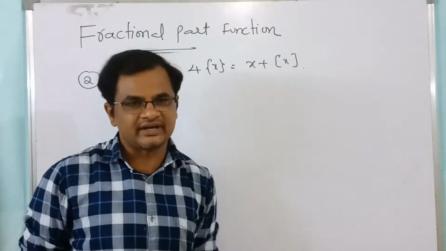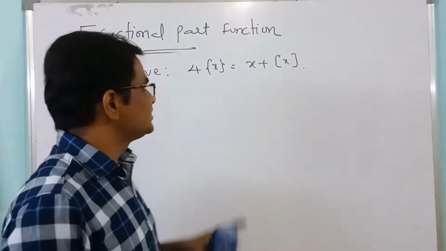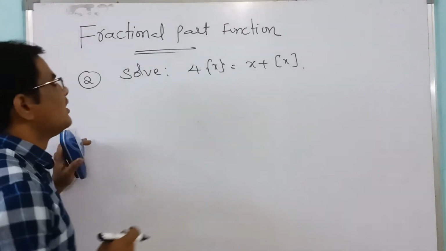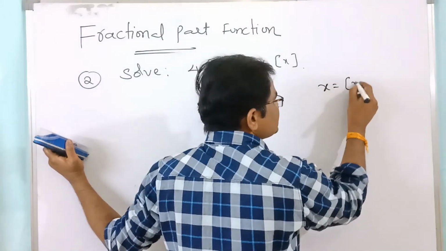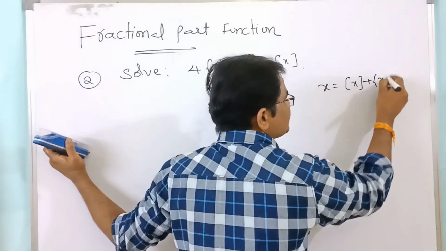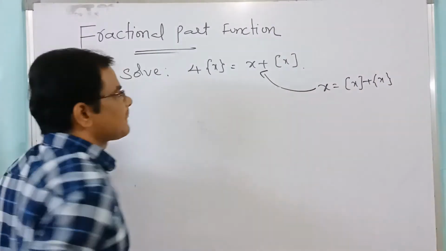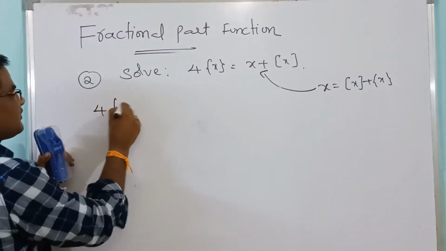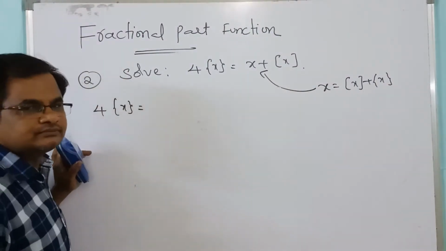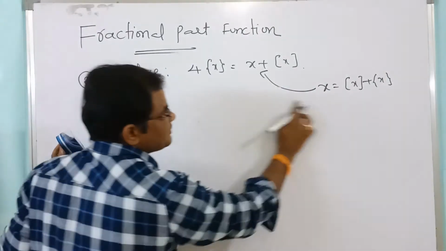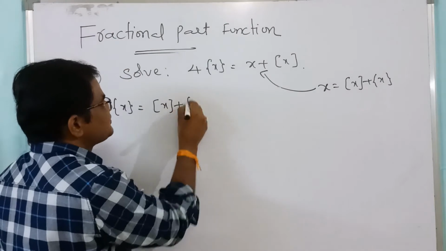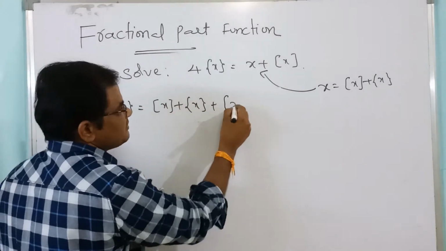This is an important and good question. How to simplify this? We know that any real number can be written as [x] plus the fractional part of x. Replace x here: 4 times the fractional part of x equals [x] plus the fractional part of x plus [x] as it is.